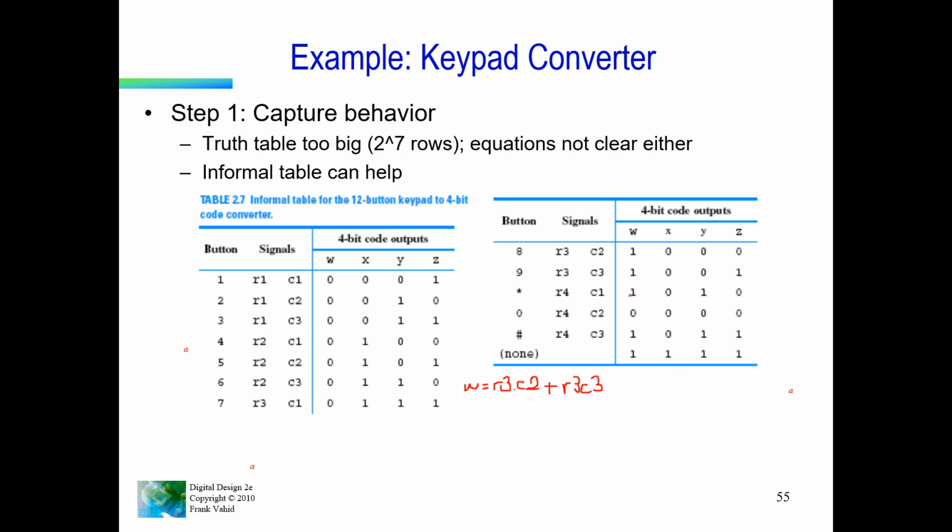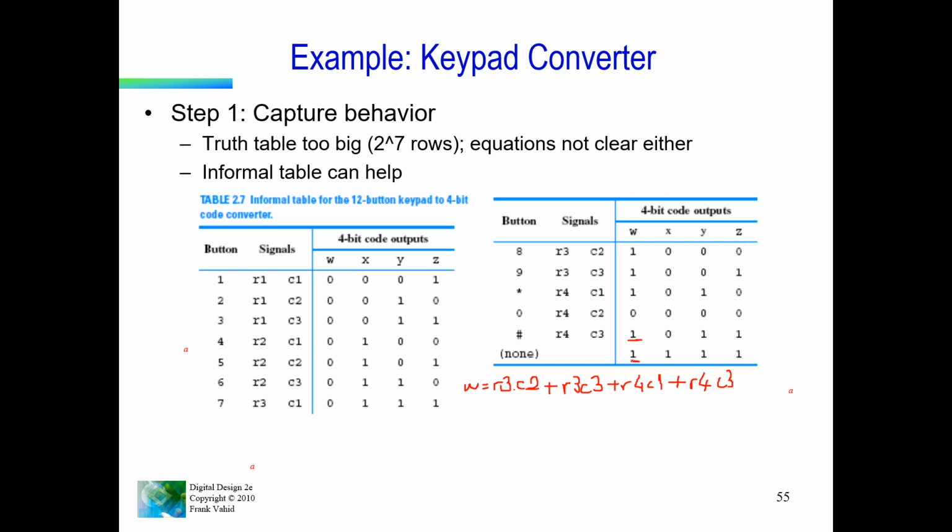The third row that results in a 1 for W can be presented as R4 and C1. And the fourth one here can be represented as R4 and C3, because in this row, W must be 1 if both R4 and C3 are 1.